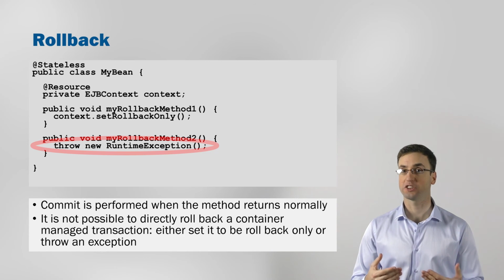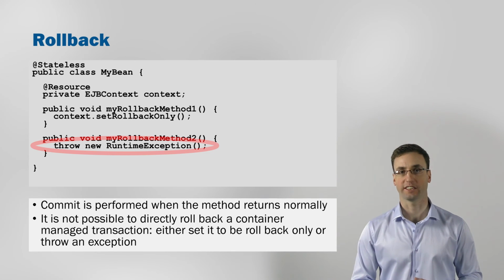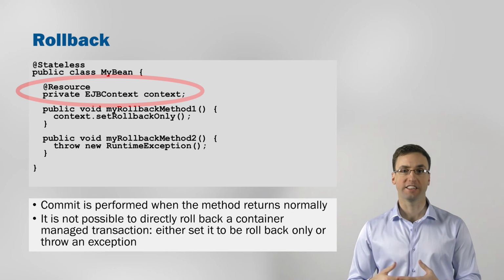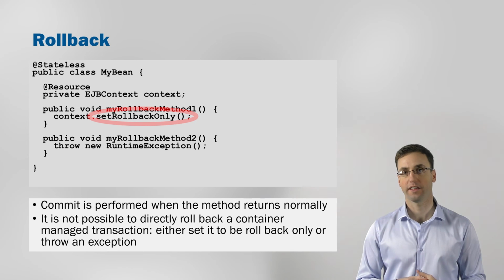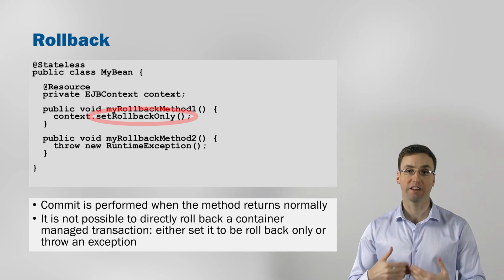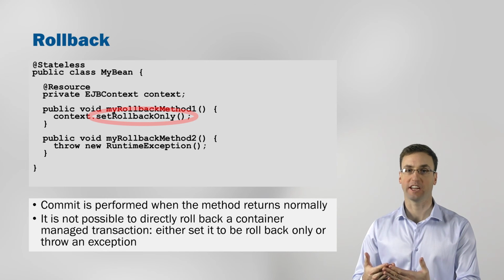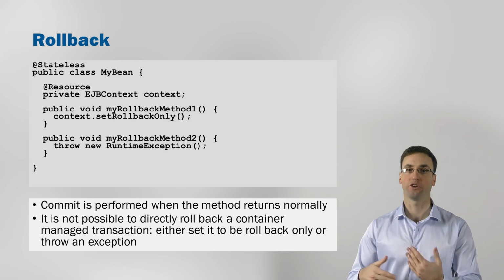You can also write custom exceptions that cause rollback, but to do this, you'll need to add a special annotation to the exception class. The other way to cause a rollback is to inject an EJB context and then call setRollbackOnly. This method will still keep running and finish normally, but this tells the container that it's not allowed to commit the transaction. So once the method completes, the container will roll back and undo all the changes made.